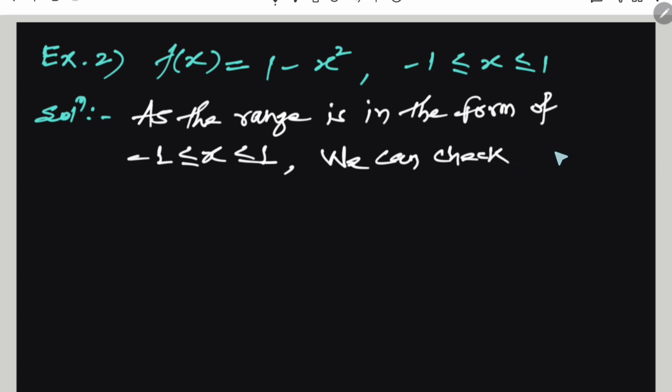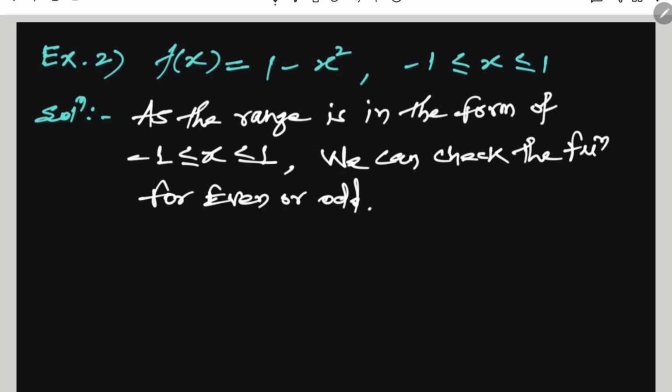Once again I will repeat, we replace x by minus x on both sides of the given function. Therefore, f of minus x is equal to 1 minus minus x whole square, nothing but 1 minus x square.